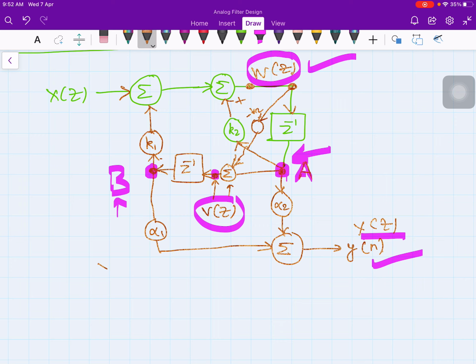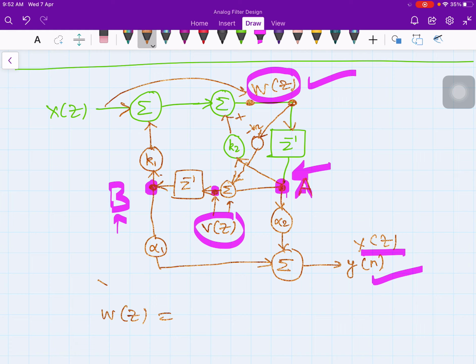And you notice that we can write w of z as equal to, see, the x of z is coming here directly, so x of z, and then this guy is coming over there, minus k1 times this v of z. Sorry, I forgot, this multiplier is minus k1.